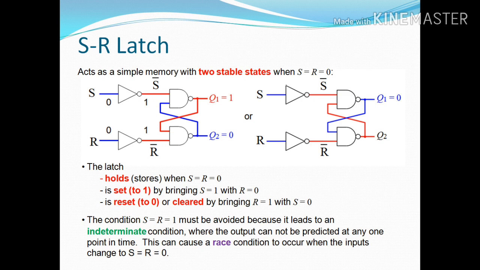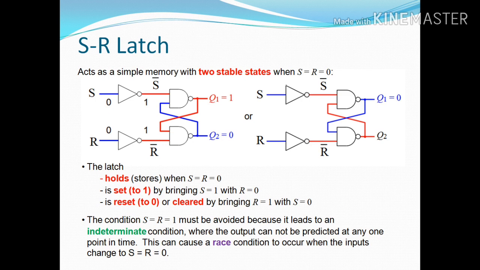Now through the NAND gates, where the previous outputs come as inputs, S and R, it gives us Q1 and Q1 bar as Q1, Q2. The resultant is there.